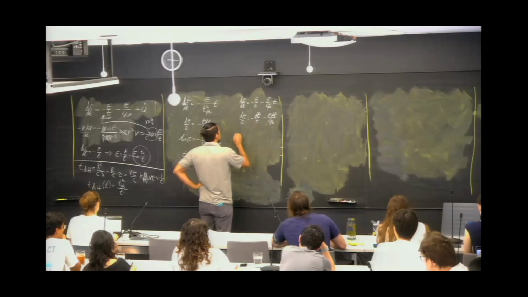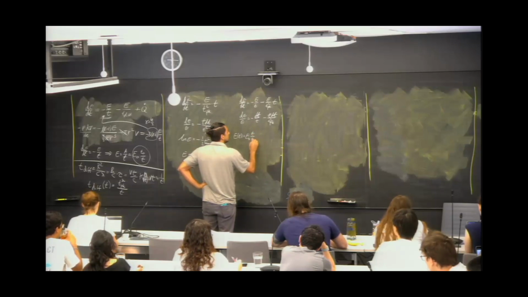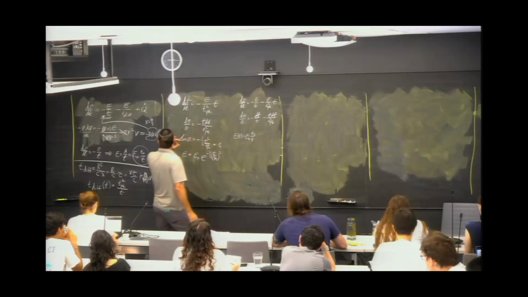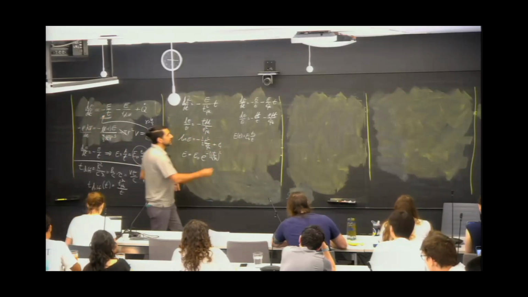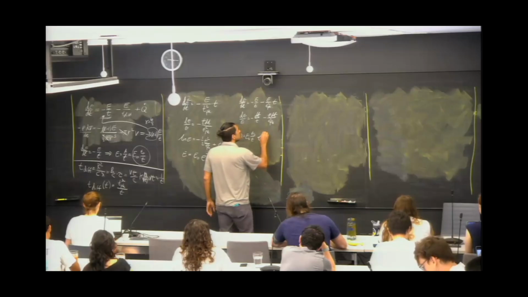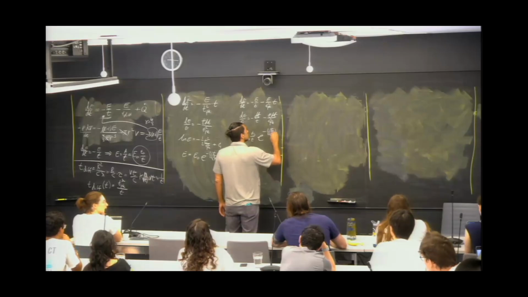So we have E of T is given by E naught, T naught over T, the same as we had if we took just the first term here, times e to the minus half T over T peak square.